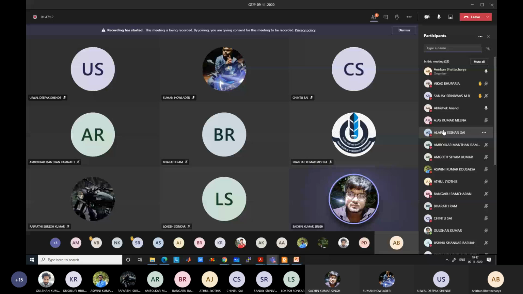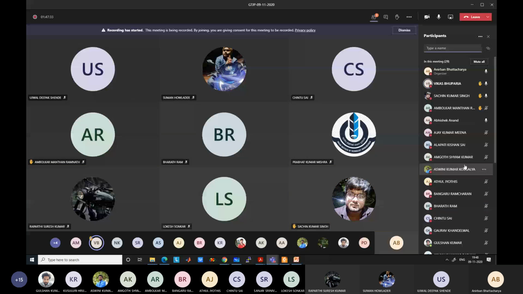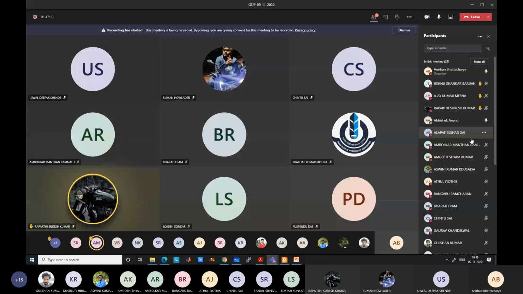It takes some time to register for me. Yes, Sanjay is present. Then Abhishek Anand is present. Vikas is present. Manthan is present. Ajay Kumar Meena is present. Then Gaurav Kandalwal. Gaurav, where are you? Gaurav is not present.